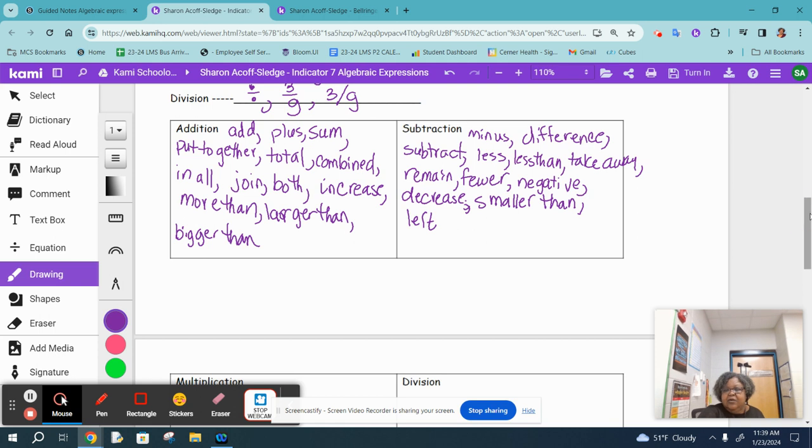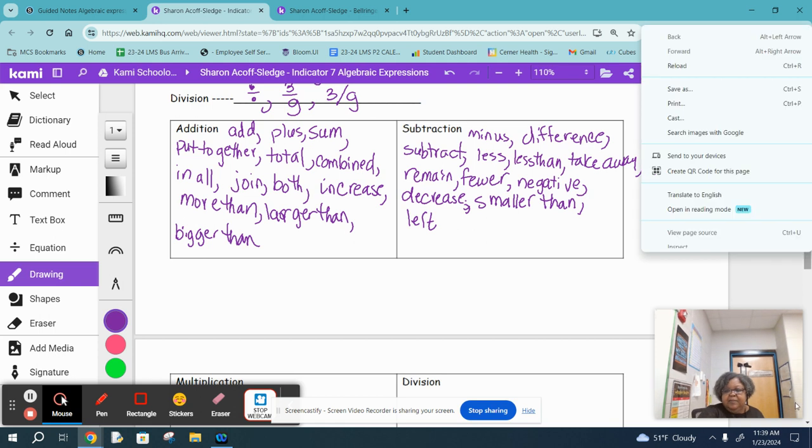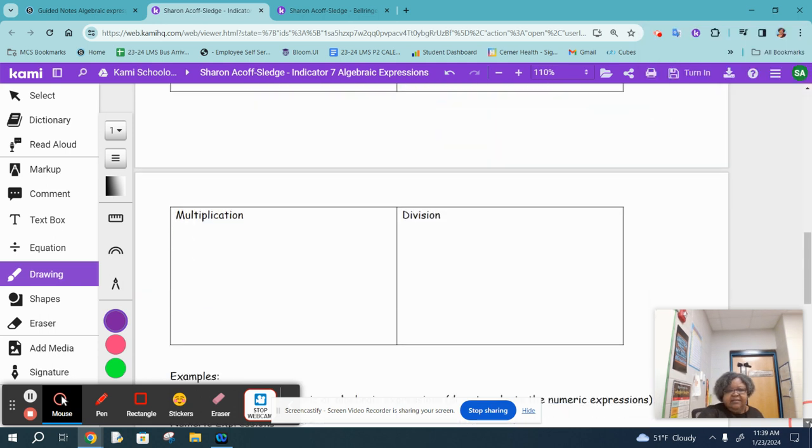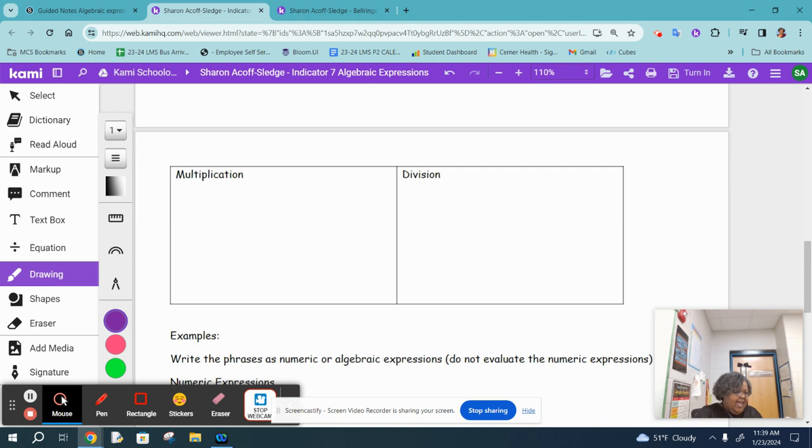All right, let's go with multiplication. I cannot say that word fast. So I'm going to give the few. Okay, product and multiply. I'm going to give the common ones. Times. All right, let's hit me with them.